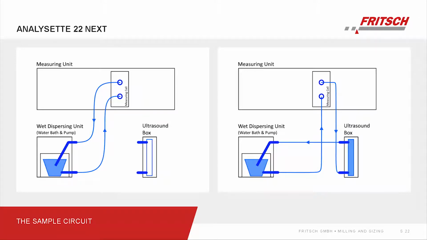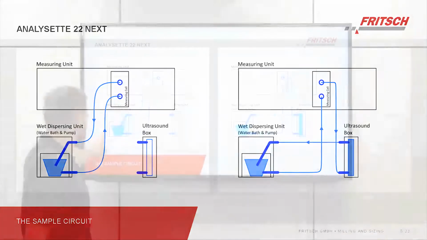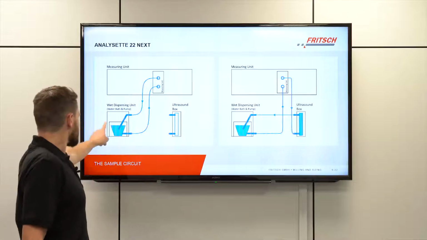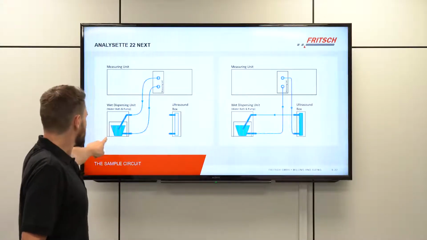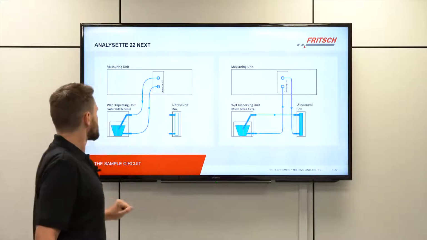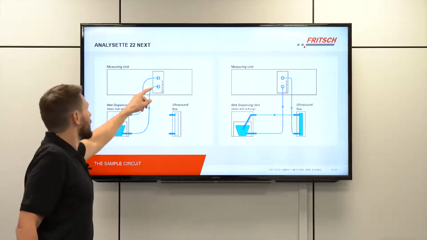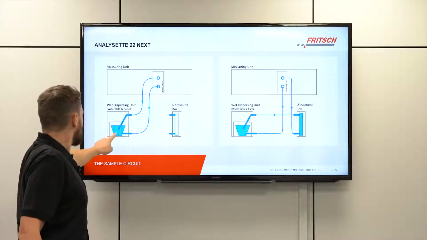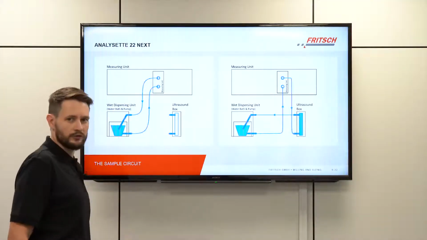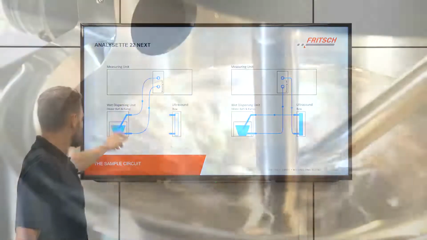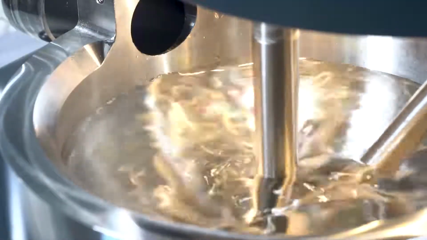So if we have a look now at the circulation of the sample within the system, there are 2 possibilities. The first method would be that we have our wet dispersion unit right here. That's the chamber with the water bath, and the water would be pumped into the measuring cell through the laser light, out of the cell, and back into the water bath through our pipe, the so-called reflux, where you can also change the position depending on the application.